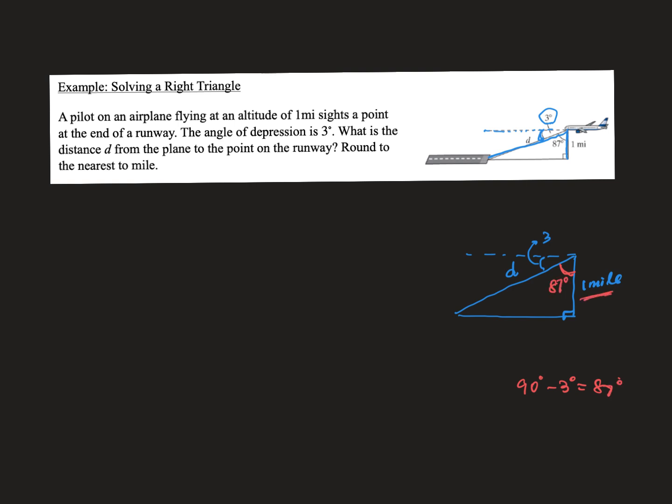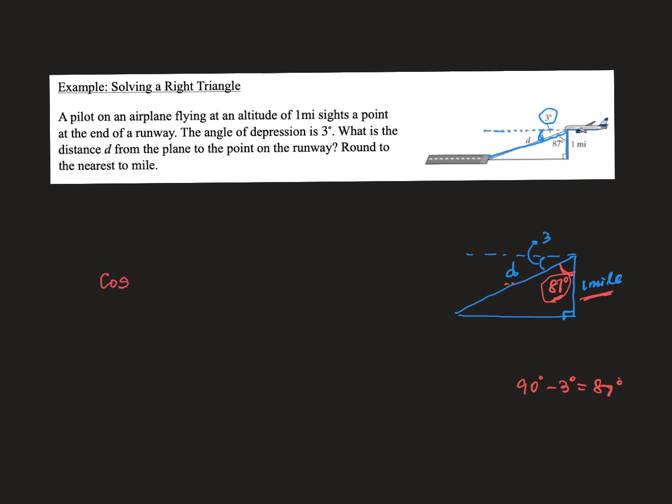We know this angle, and we are looking for D. So here is the angle, hypotenuse, adjacent. Which trigonometric ratio? That's going to be cosine, right?